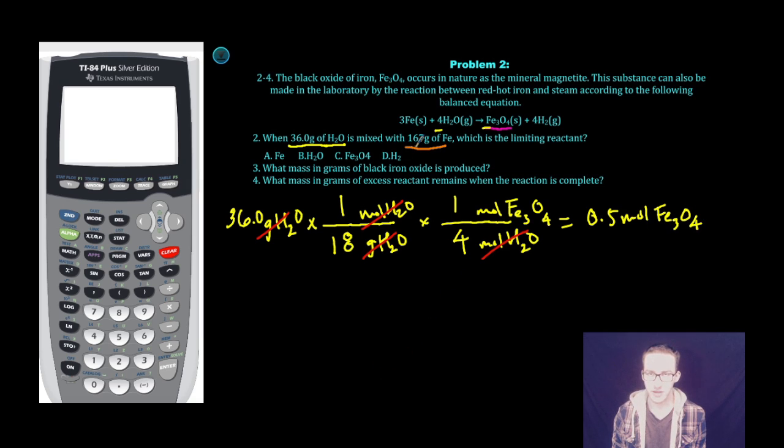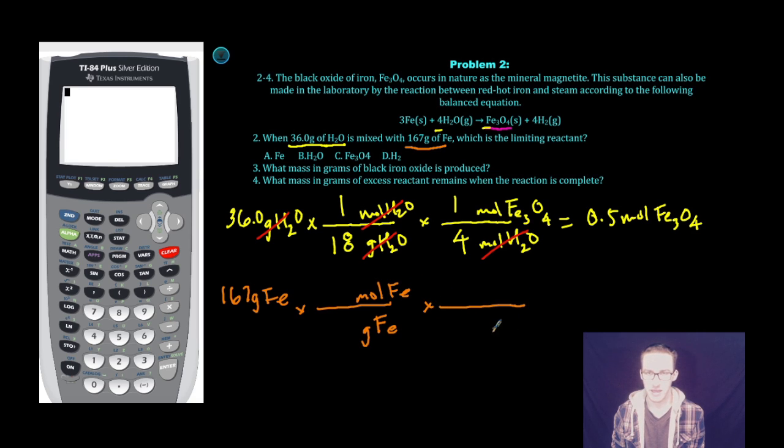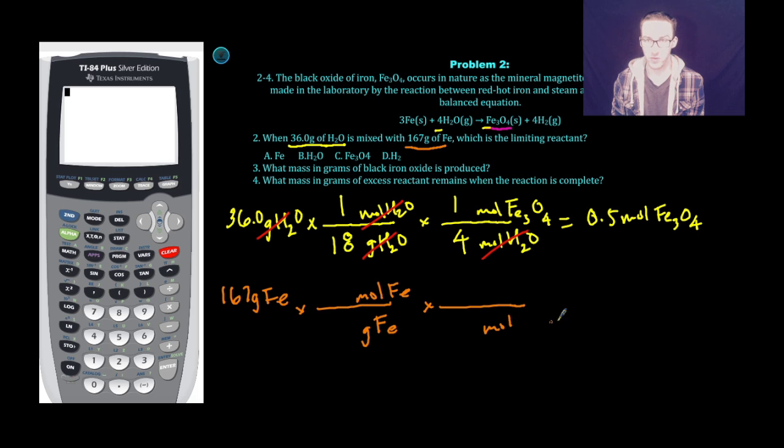Now the second calculation we're going to do is look at the second amount that we're provided of our other reactant, in this case 167 grams of iron. I'm once again going to set up a series of conversion factors that will get my units that I do not want, in this case grams of iron, to cancel out until I get to the units that I am looking for, in this case moles of Fe3O4.